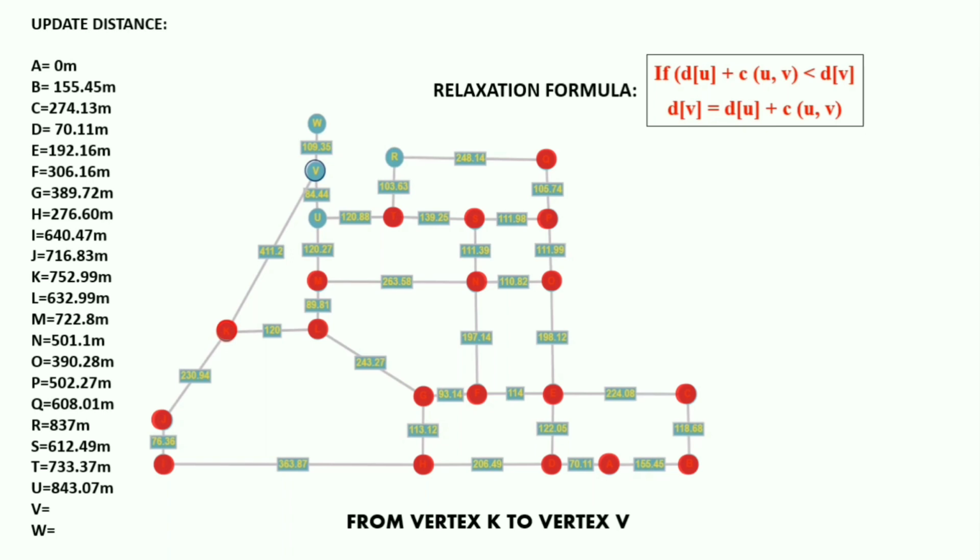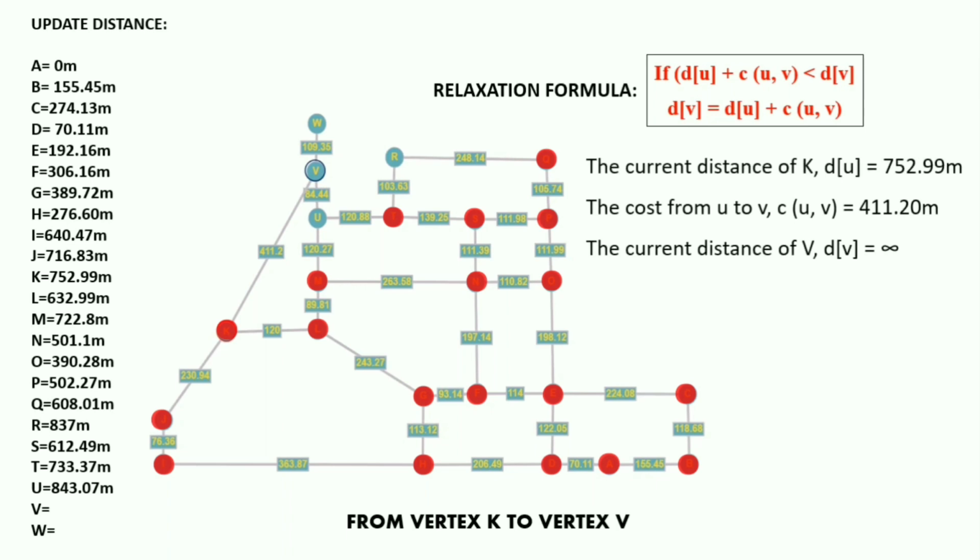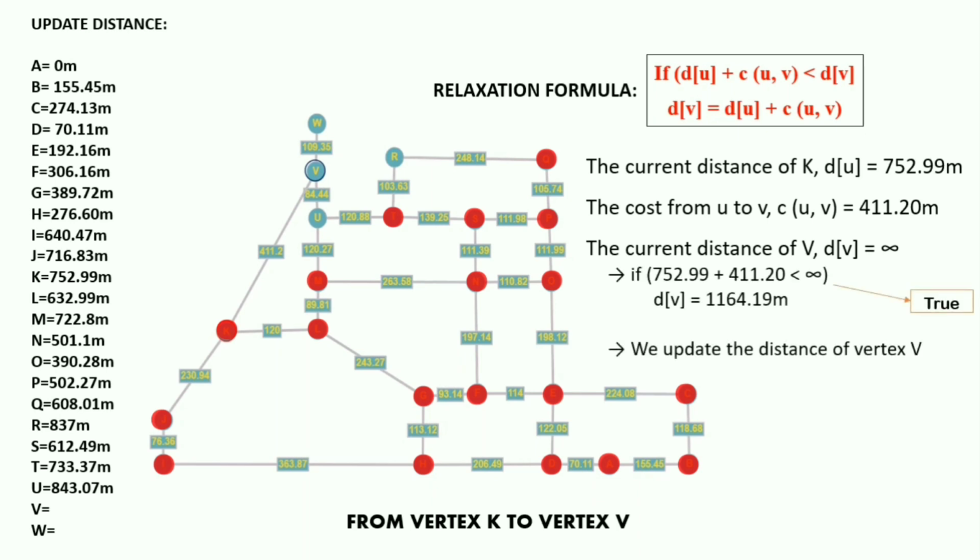From vertex K to vertex V, the current distance of K is 752.99 meter, while the cost from K to V is 411.20 meter, and the current distance of V is infinite. So this is the condition. It is true, so we will update the distance of vertex V.